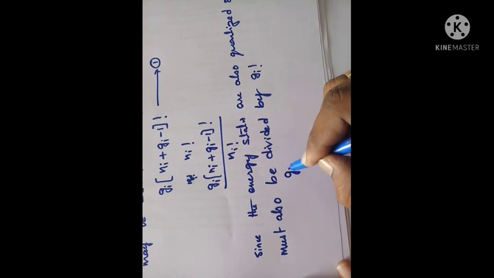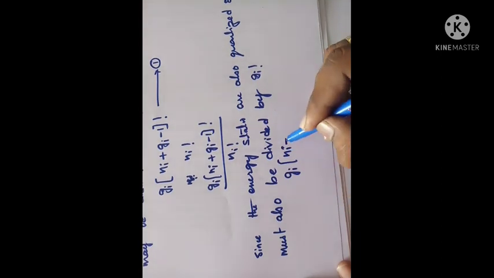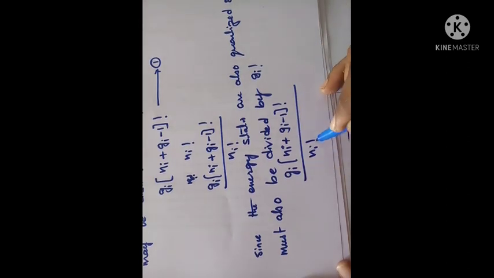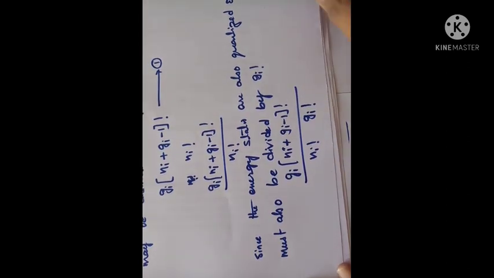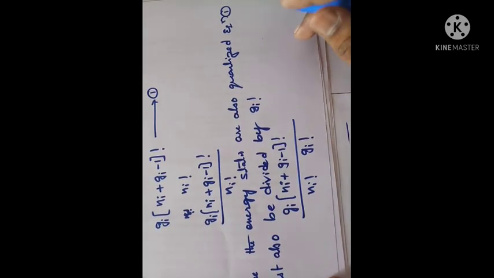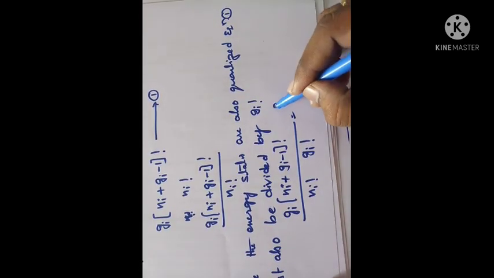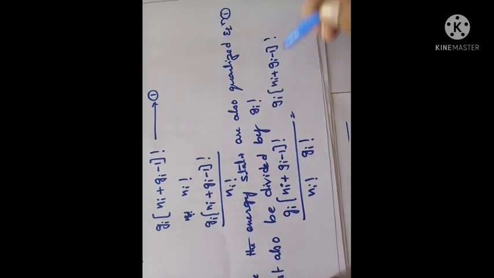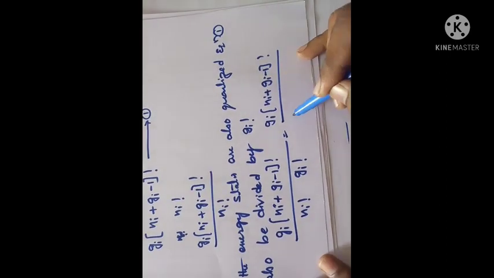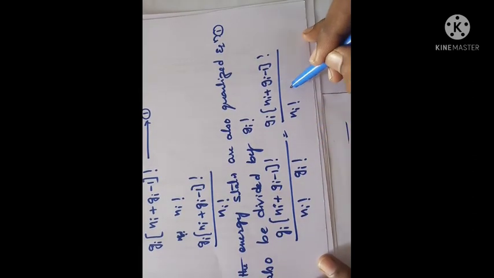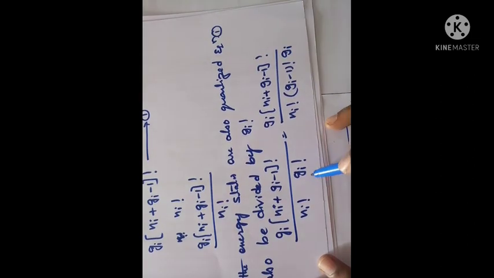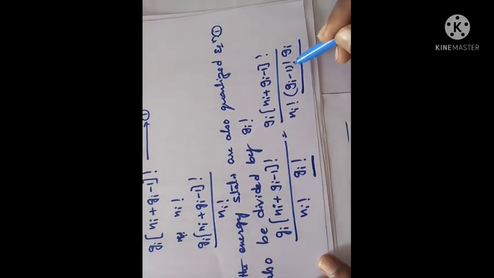We get Gi into Ni plus Gi minus 1 factorial by Ni factorial into Gi factorial. This can also be written as Gi into Ni plus Gi minus 1 factorial, with Ni factorial remaining the same, and Gi factorial written as Gi minus 1 factorial into Gi, where Gi cancels.